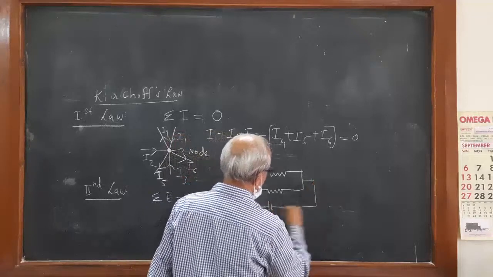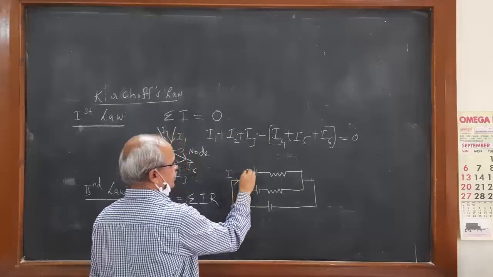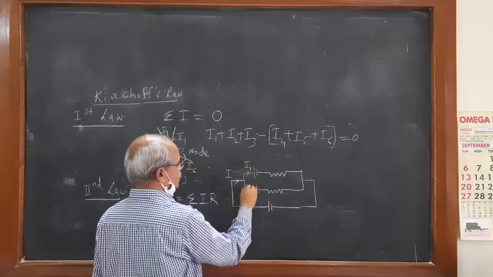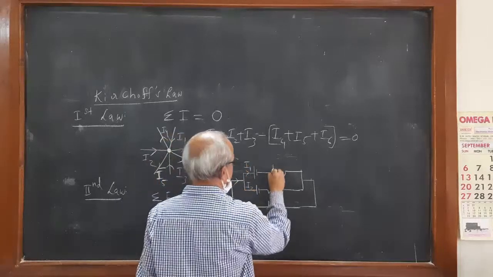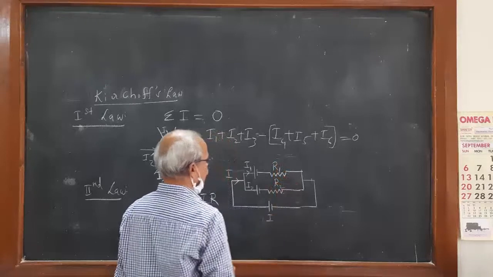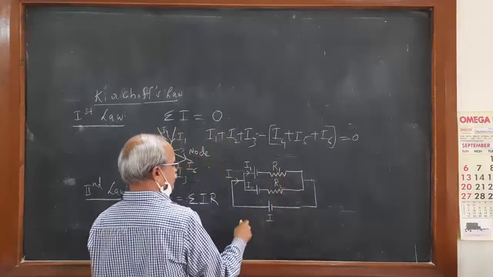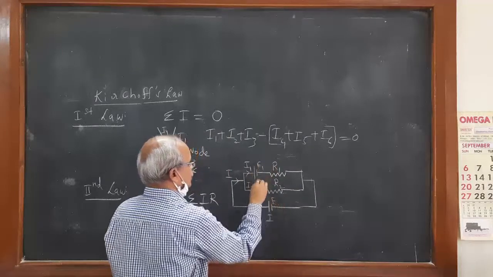I is the main current. It divides here into I1 and I2, through R1 and R2. This is I. Now on one side we have E1, E2.